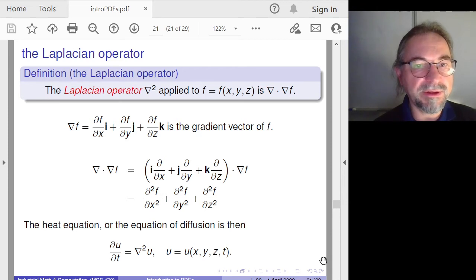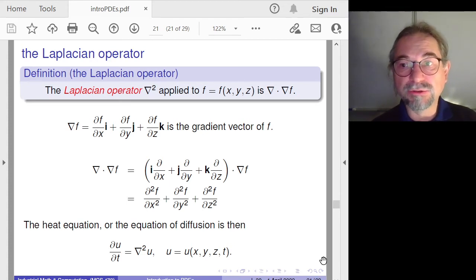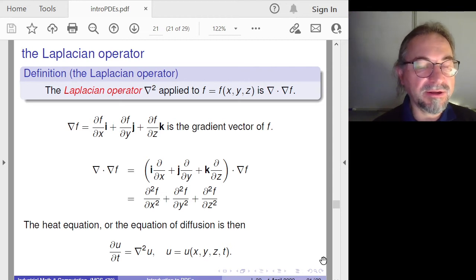The Laplacian is applied to a function in 3 variables. It just works in 2 variables as well, just drop the z. So in three variables, we have a function in three variables, and we dot the del operator with the gradient. The gradient is denoted also with this del operator.